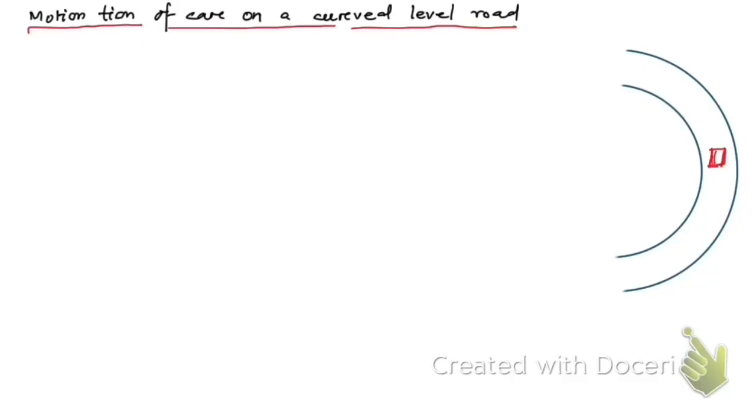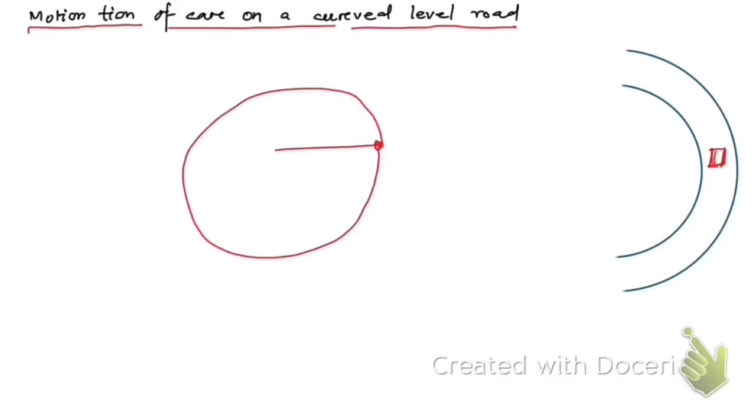Now we know that when an object is moving in a circular path, in uniform circular motion, a force called centripetal force acts towards the center of the circular path, and this force keeps the object moving in the circular path, right?